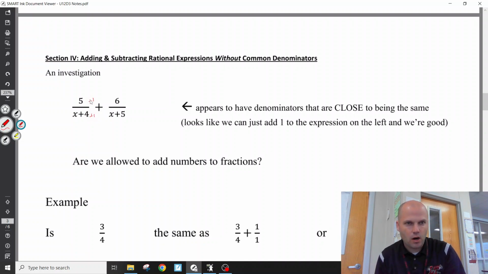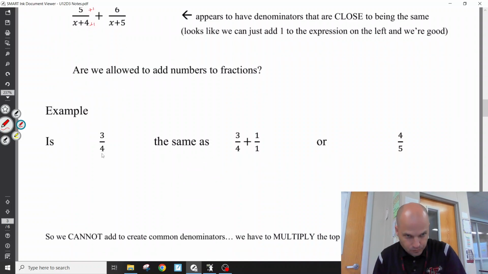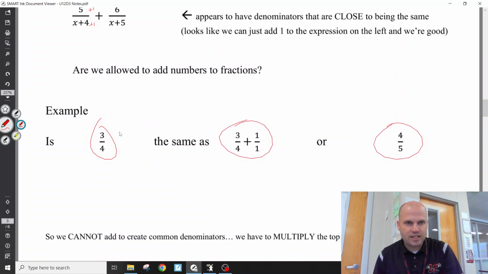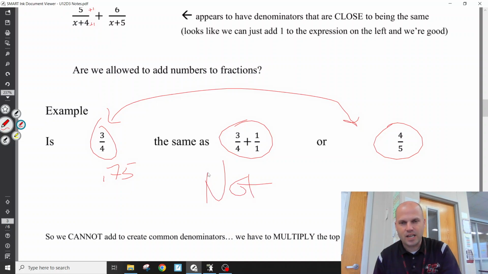And maybe you're thinking, oh, I can add 1 to the top and the bottom. But let's just think about it. Could I take 3/4 and just add 1 to the top and the bottom and get something that's the same? No. 3/4 is 0.75. It is not the same as 4/5, which is 0.8.